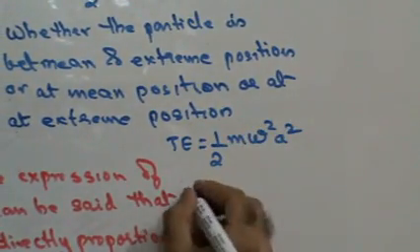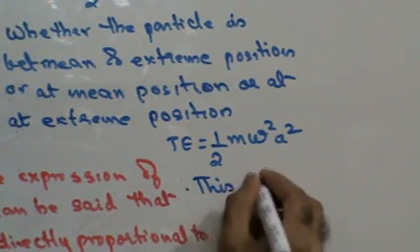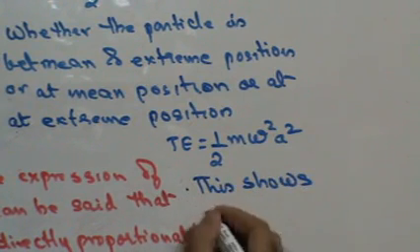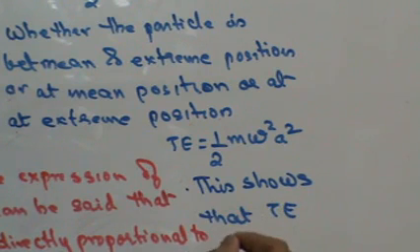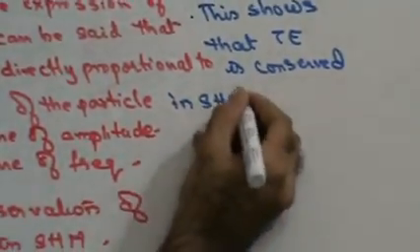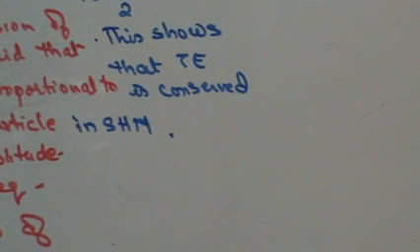This shows that total energy is conserved in SHM. This is how you prove that SHM follows the law of conservation of energy, right? Irrespective of wherever the particle is, the total energy will always remain constant in it, right?